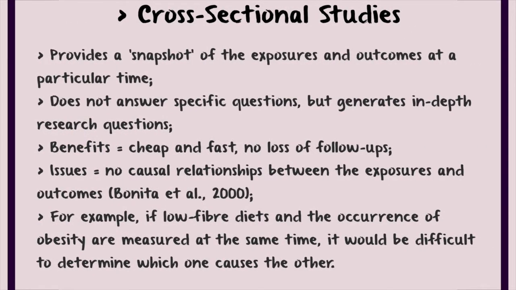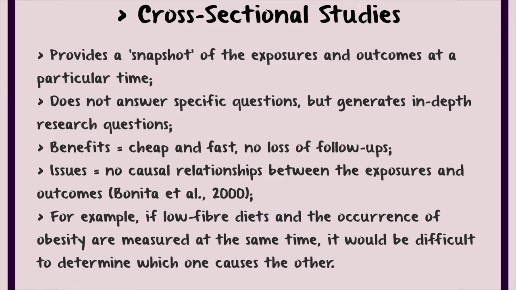Cross-sectional study can be understood as a snapshot of the exposures and outcomes at a particular time. Similar to ecological studies, it does not intend to answer specific questions. Rather, it provides some insights towards the interest of study to generate in-depth research questions.